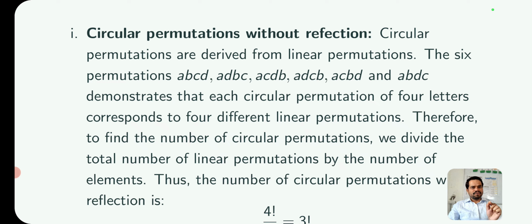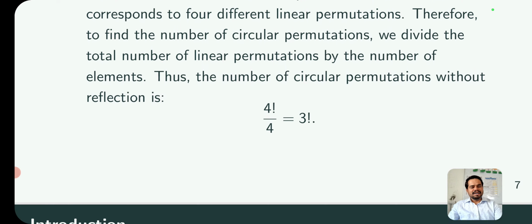Therefore, to find the number of circular permutations, we divide the total number of linear permutations by the number of elements. Hence the number of circular permutations without reflection for the 4 letters A, B, C, D is 4 factorial divided by 4.